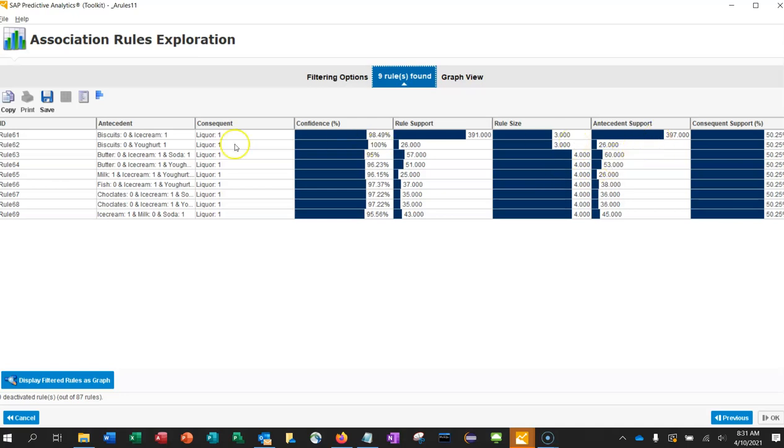Antecedent support means there are 397 rows where biscuits are 0 and ice cream is 1. And consequent support means there are 500 rows where you have liquor. So 500 rows out of the 1,000 people bought liquor. That is the kind of analysis that we get, and this is part of your homework.